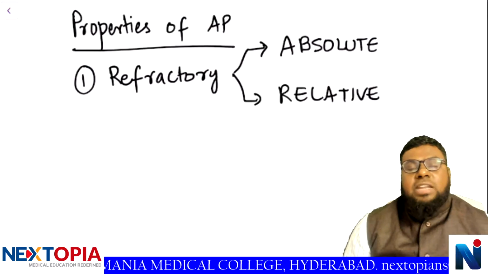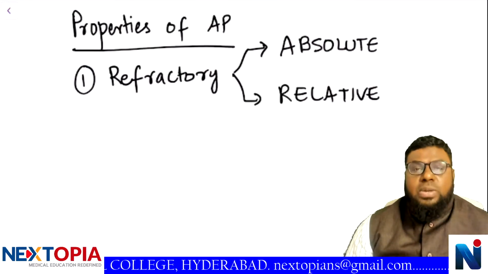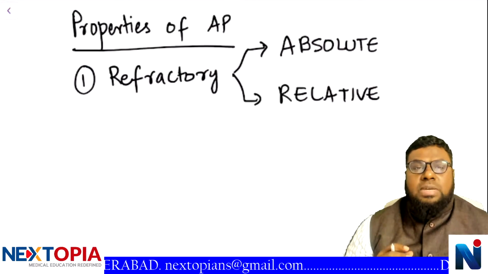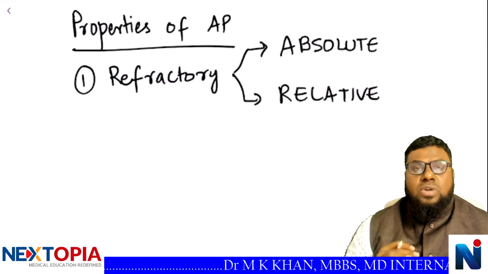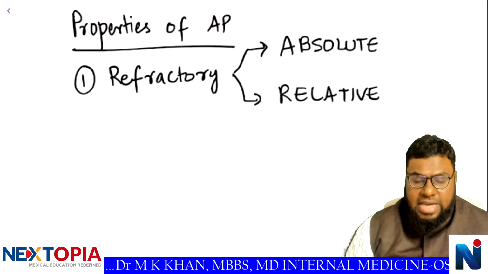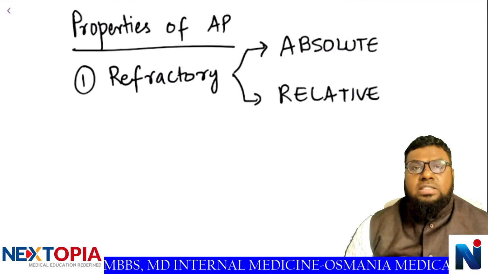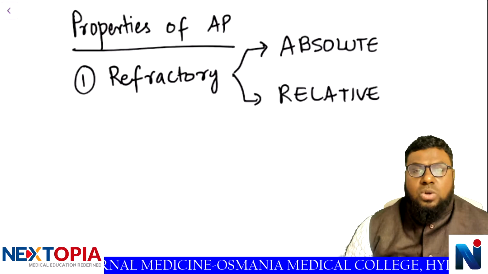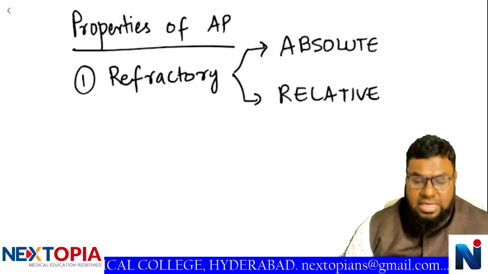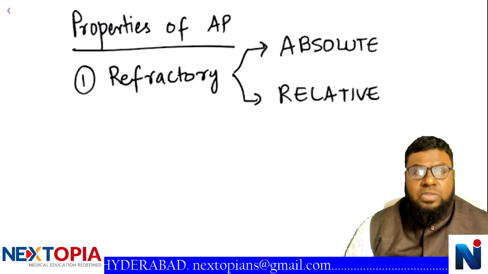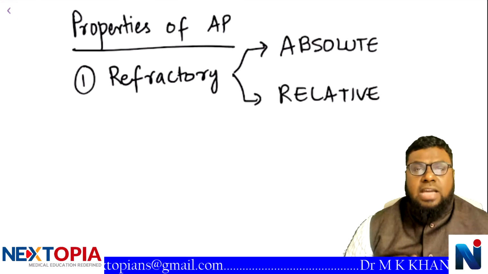The absolute refractory period is a period during which, no matter how strong the stimulus is, a second action potential is not able to generate. I repeat, no matter how strong the stimulus is, a second action potential never generates. It cannot induce a second action potential.